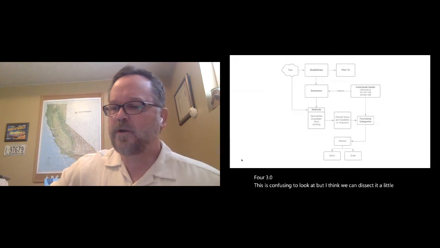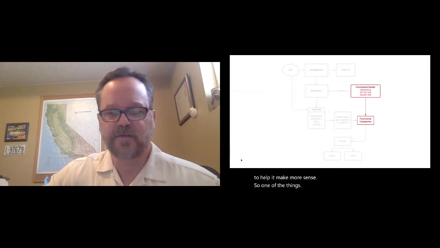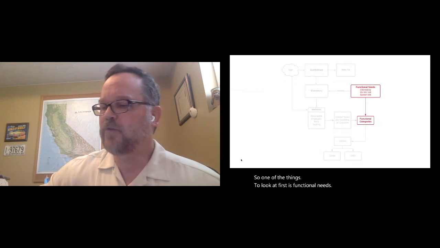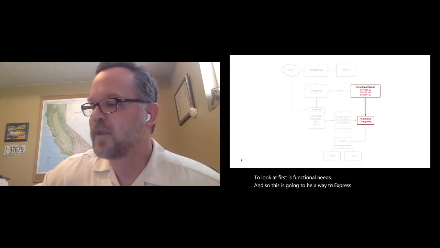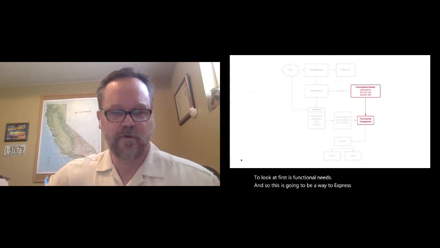So one of the things to look at first is functional needs. This is going to be a way to express the condition that people encounter. An example would be you want to support the use of your application or product for people without vision.